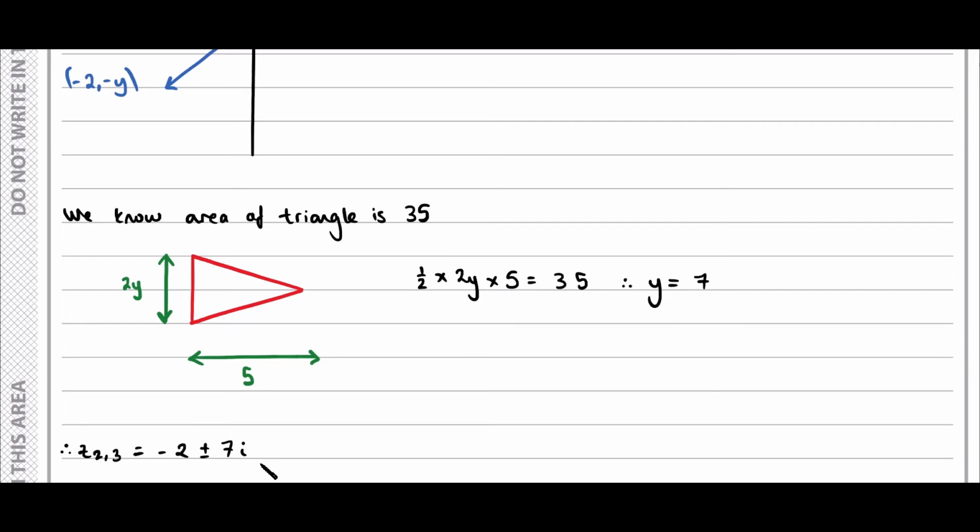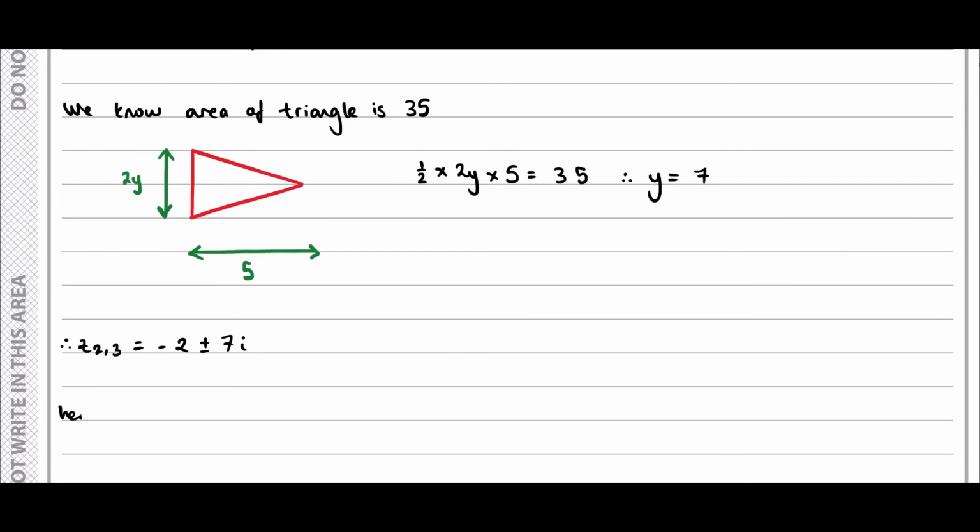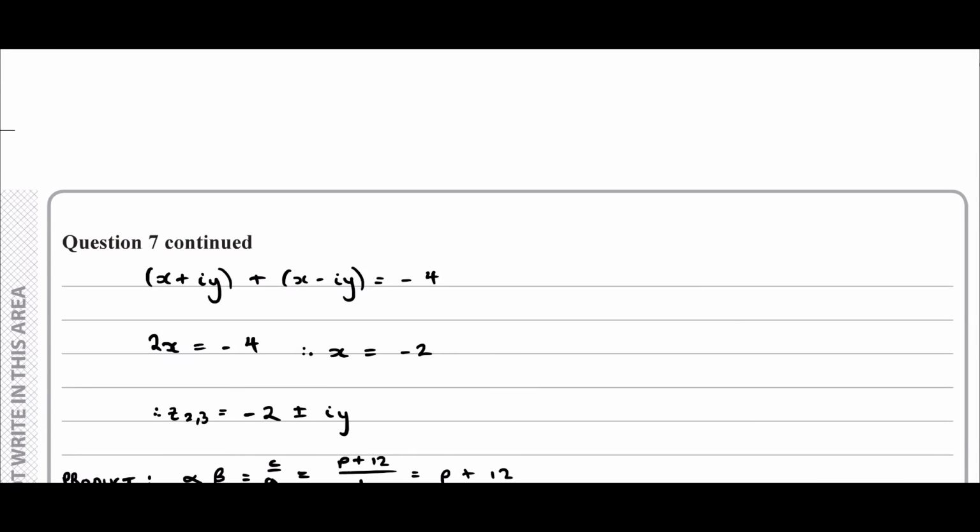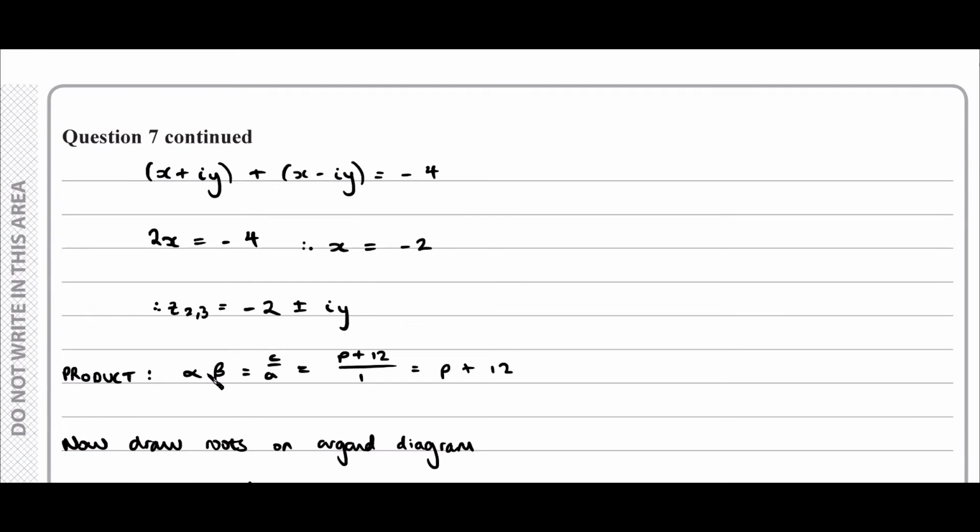Hence, what we can now do is find the values of P and Q quite easily. We know already that alpha times by beta is equal to P plus 12. We know alpha and beta are minus 2 plus 7i and minus 2 minus 7i respectively.